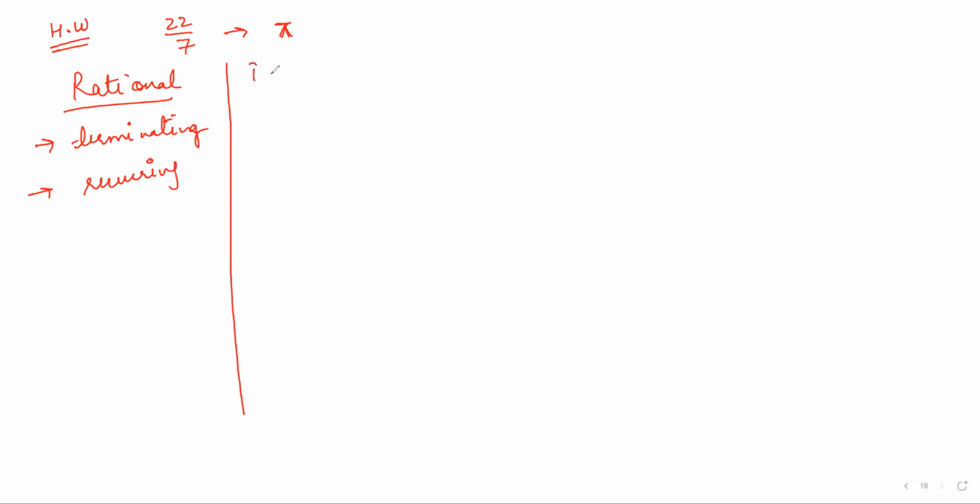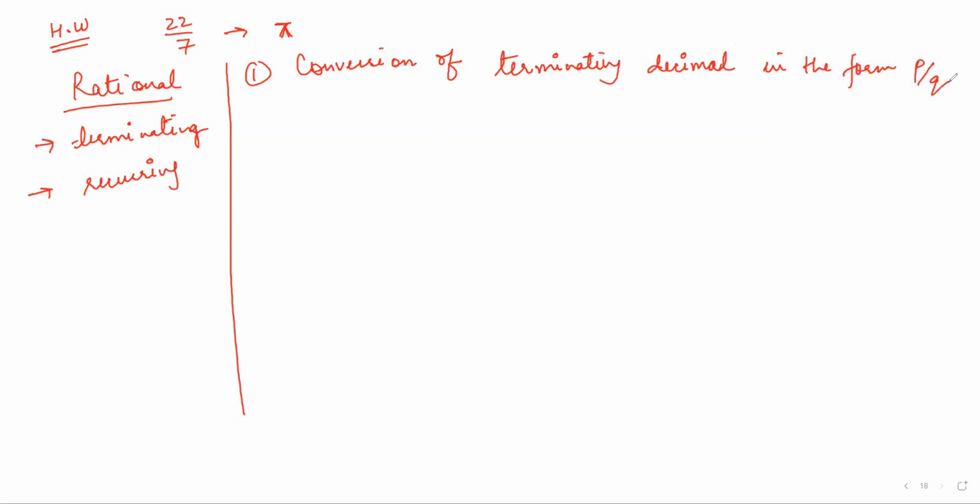The first topic is conversion of a terminating decimal into a rational number, or in the form P by Q. If we are supposed to do the reverse thing, for example, a terminating decimal is given to us and you have to write it in the form of P by Q, how will you do it?